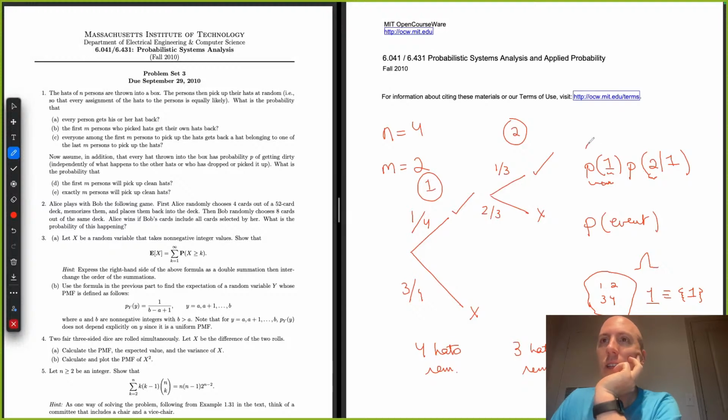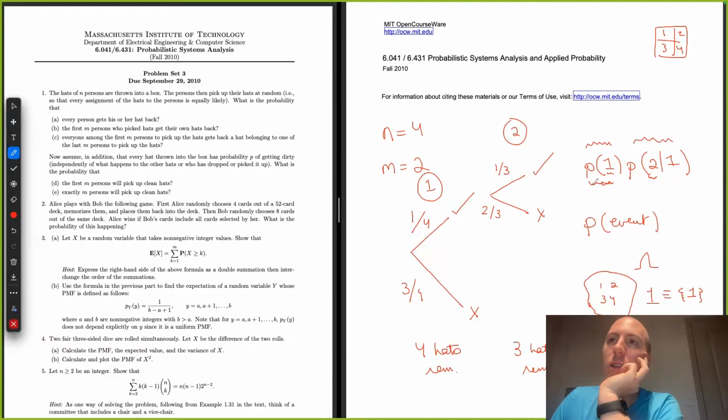I guess these are different probabilistic experiments, because if these were all the same experiment, you'd have 1, 2, 3, and 4.